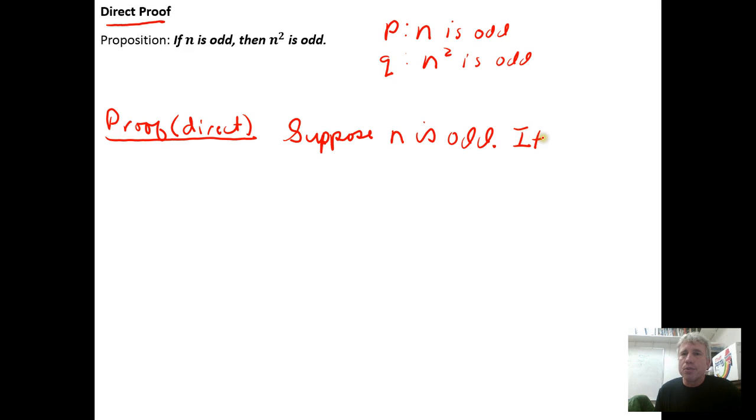So it follows that n is an integer multiple of 2 plus 1. In other words, n can be divided by 2 with a remainder of 1 because n is an odd number. And so n is going to look like 2k plus 1, where k must be some integer.